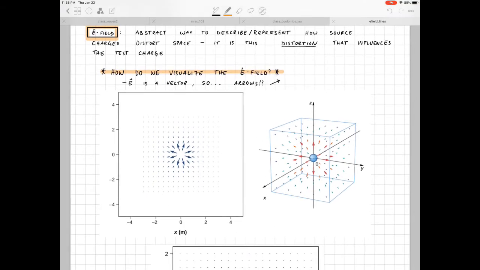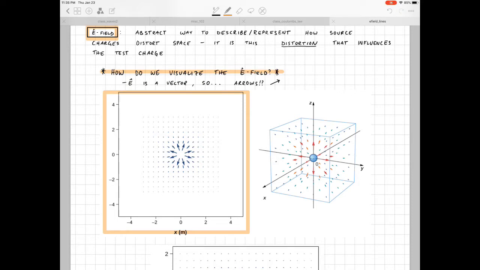And so I've got this figure on the left here where we've got plotted a bunch of electric field vectors due to a point charge.